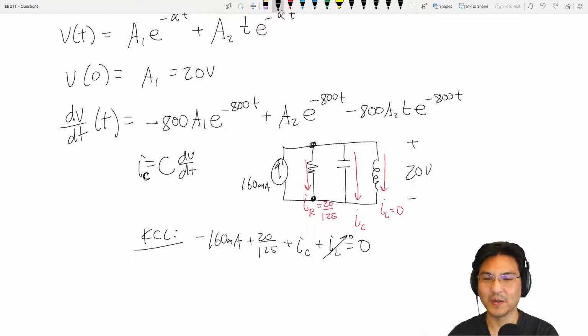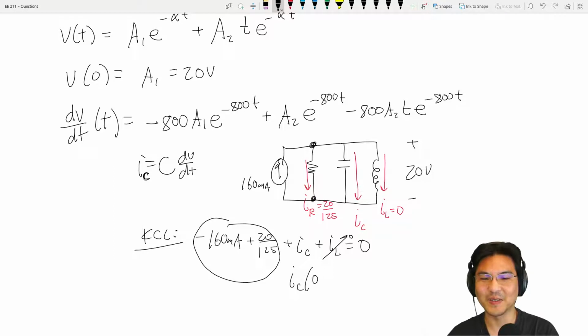Okay, and 20 over 125 is actually 0.16. So this plus this equals 0. Therefore, the current through the capacitor at t equal to 0 equals 0. Not always. That's not always true. For this particular example, it happened to be true.